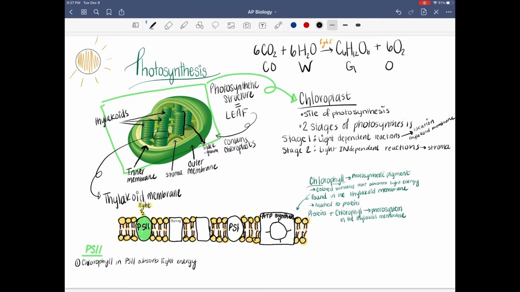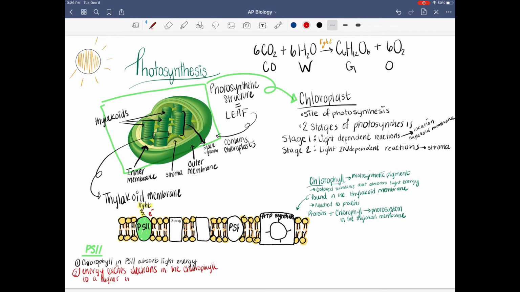The very first step is that the chlorophyll in photosystem 2 is going to absorb light energy from the sun or a light source. The energy that it's absorbing is going to excite the electrons in the chlorophyll to a higher energy level.